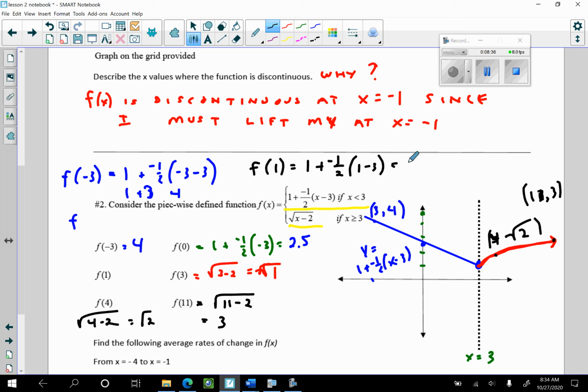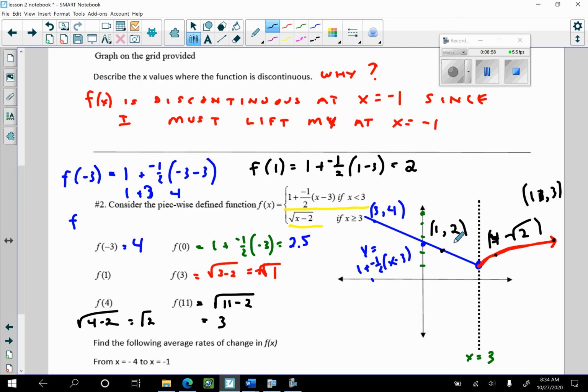So that bad boy right there is going to be 2. So it's going to be 1 comma 2. That can't be true. Oh, yeah, it can. So it's 1 right here. This is that point right there, 1 comma 2. I thought it was negative.